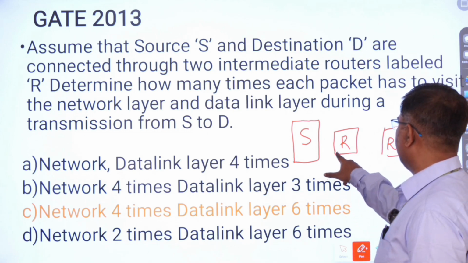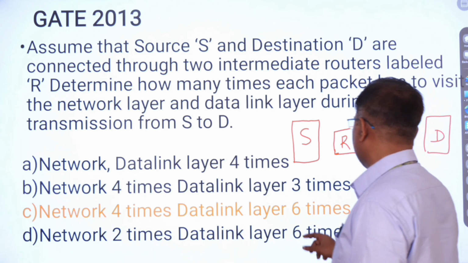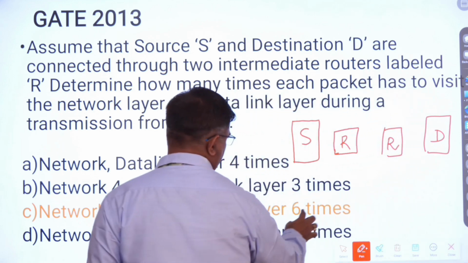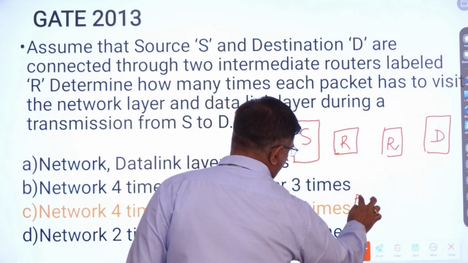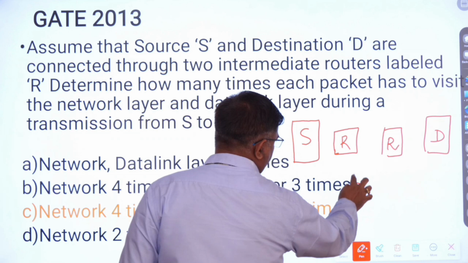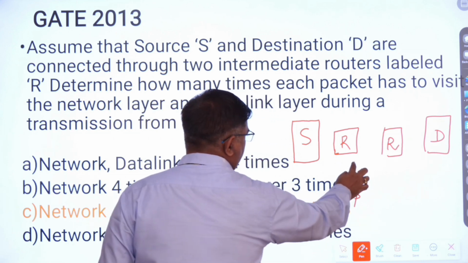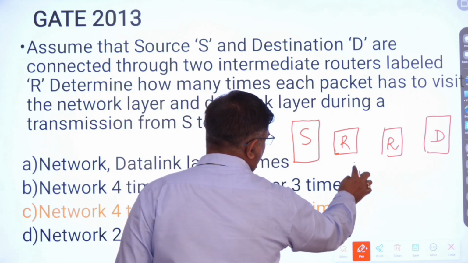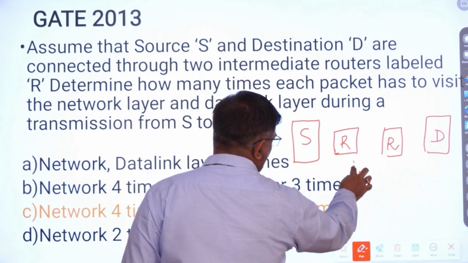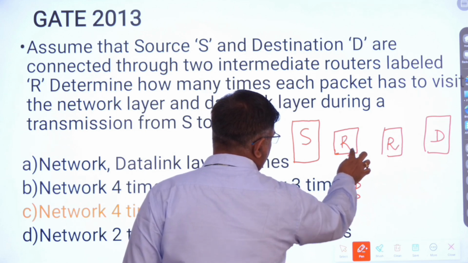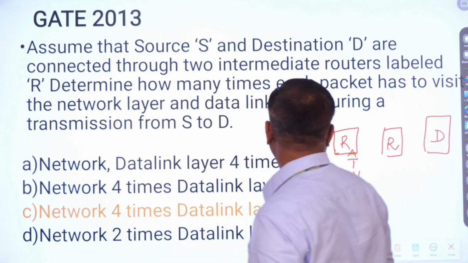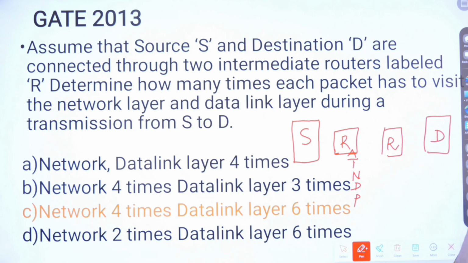We can take the TCP/IP layers. What are the layers in TCP/IP? Physical, data link layer, network layer, transport layer, and application layer. So these are the 5 different layers in the TCP/IP protocol.